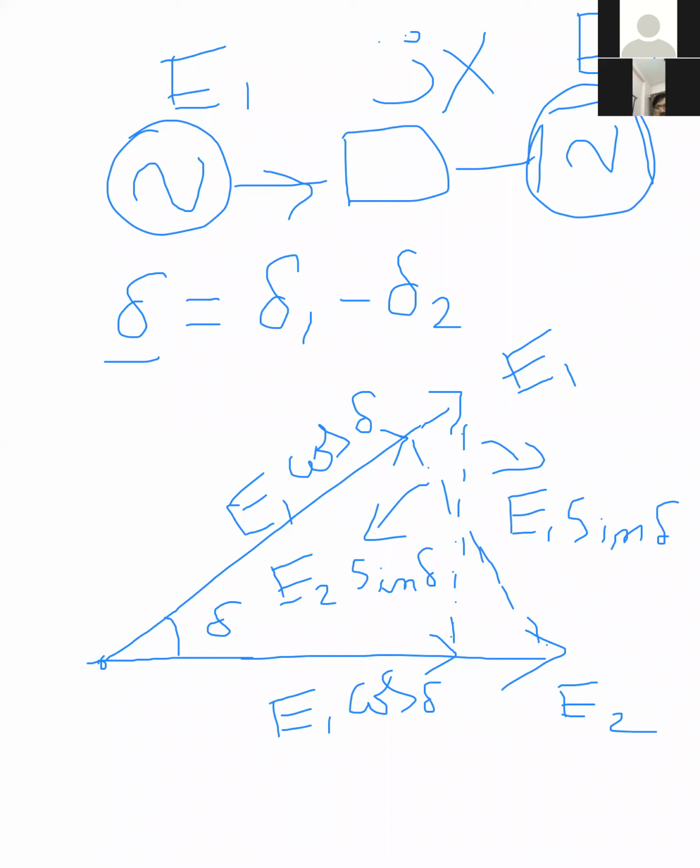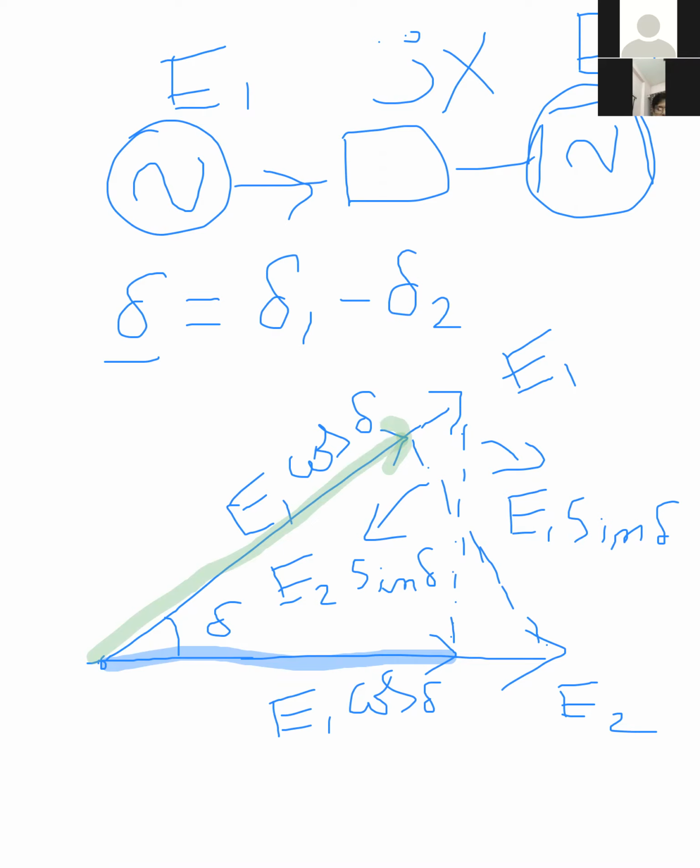So I'm representing the resolution of E1 along E2 and E2 along E1 just by taking perpendiculars, and these components also I'm representing. You can see that here I'm resolving this one, so that is E1 cos delta. And resolving E2 along this one, that is this one up to this one, that is E2. Sorry, I wrote it as E1, so it is wrong.